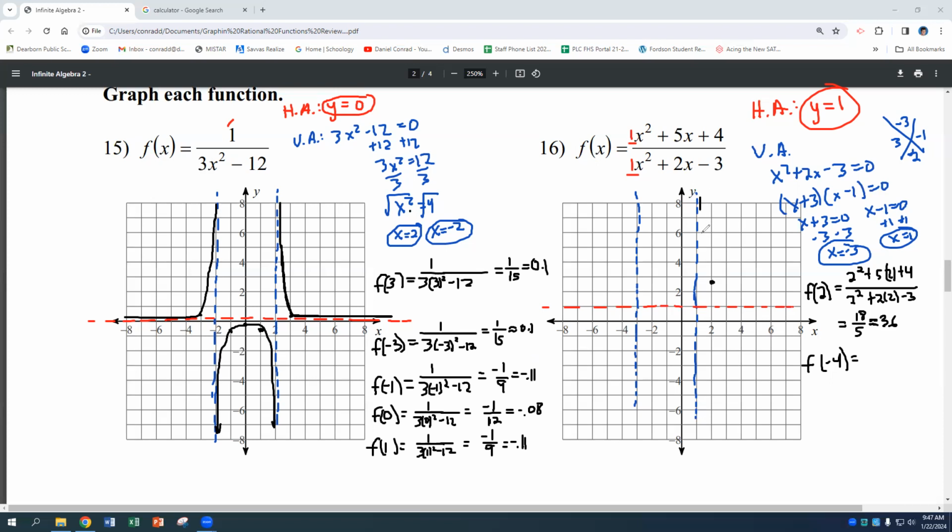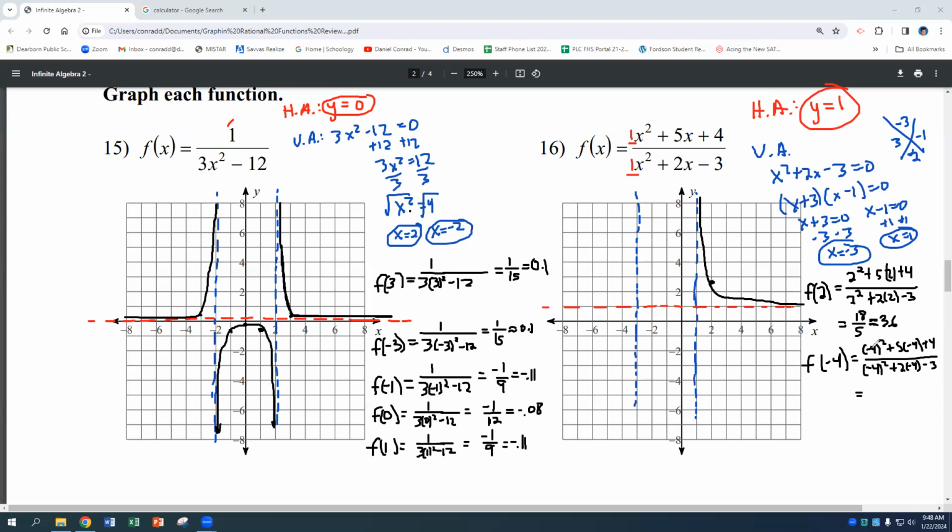So on this side, we're going to be above the horizontal asymptote. Okay, and I'm going to check again on the left side by using -4. So again, I'm going to have -4 squared plus 5 times -4 plus 4 over -4 squared plus 2 times -4 minus 3.